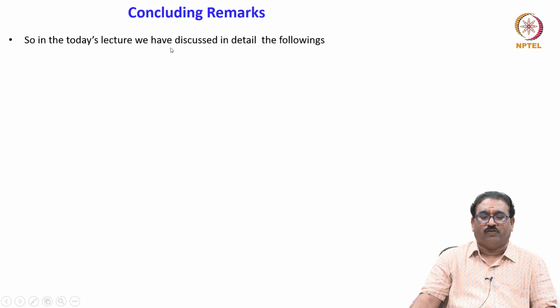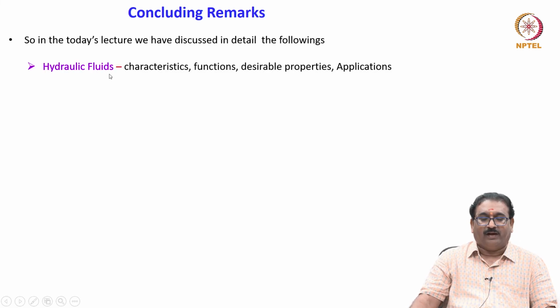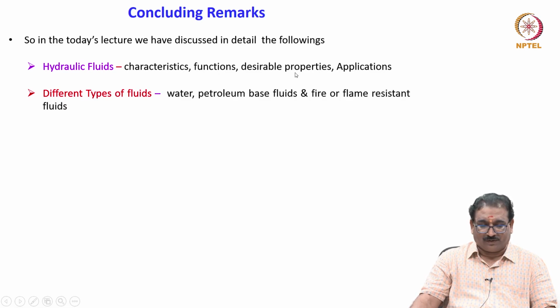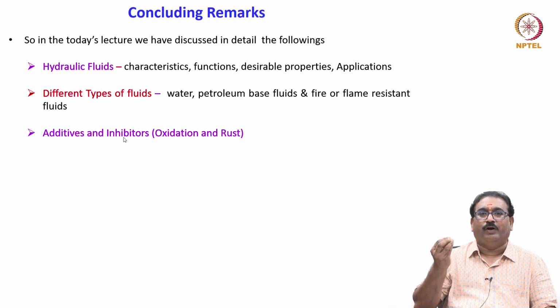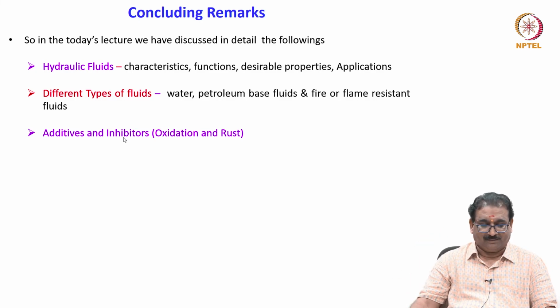Okay, we will conclude. So in today's lecture, we have discussed in detail the following: hydraulic fluids, characteristics, functions, desirable properties and applications. Different types of fluids we have seen, basically water, petroleum based fluids and fire or flame resistant fluids. And also we have seen additives and inhibitors to enhance the hydraulic fluid properties.